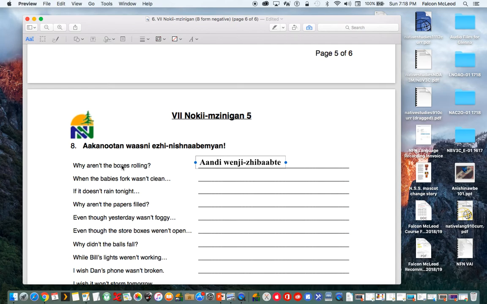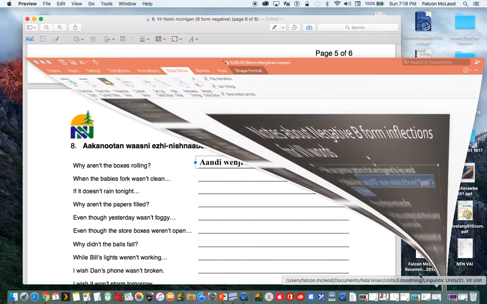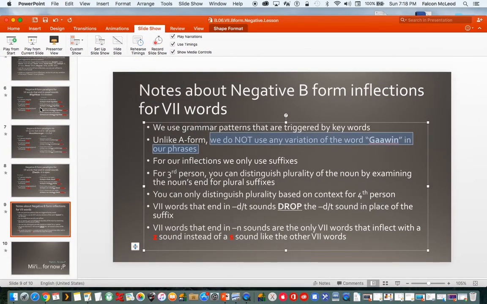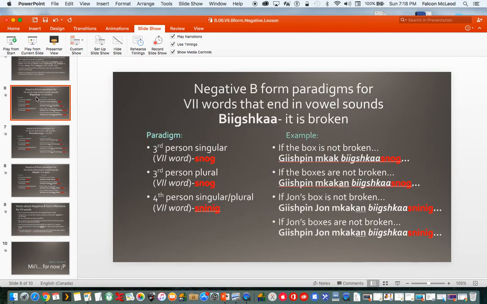It's just third person plural, but all right. So we have ondowenje, jabobte, and then our, let's see here. So jabobte is a VI word that ends in a vowel sound. It's third person plural, so we just use the suffix snug, just like in this example here.